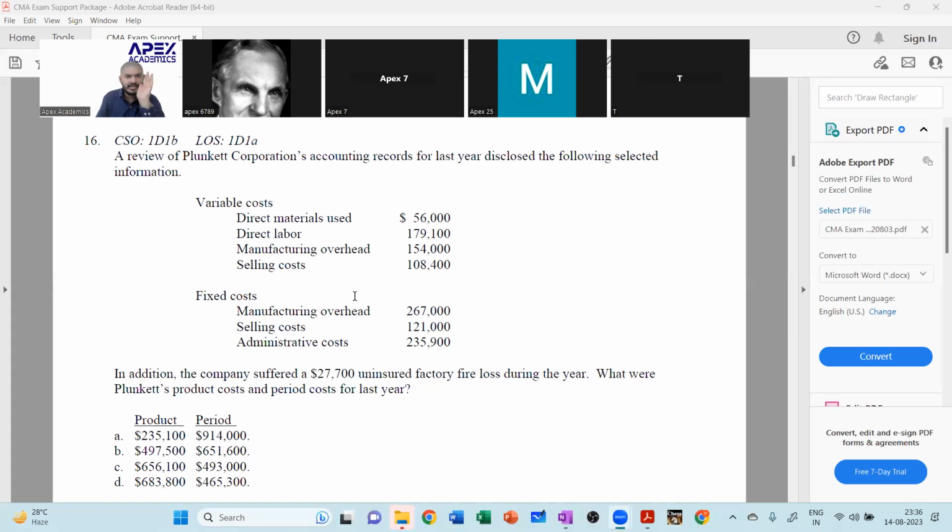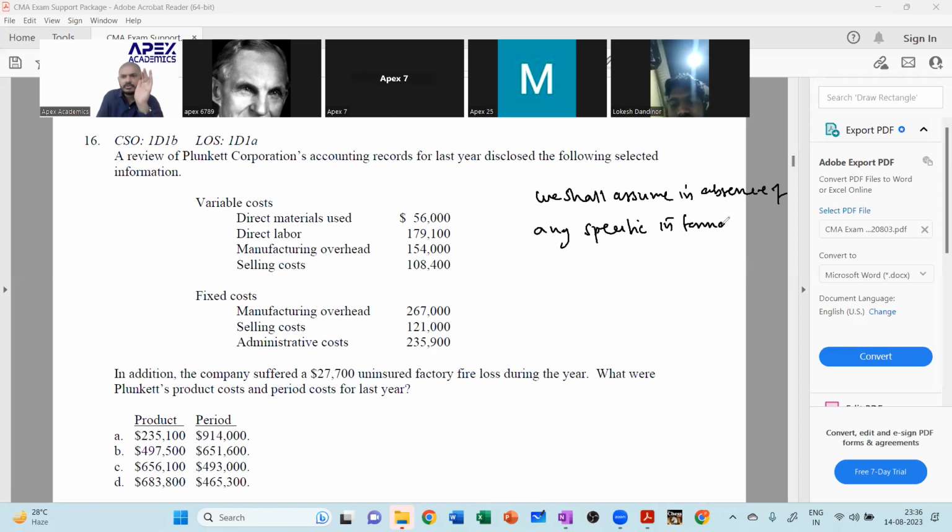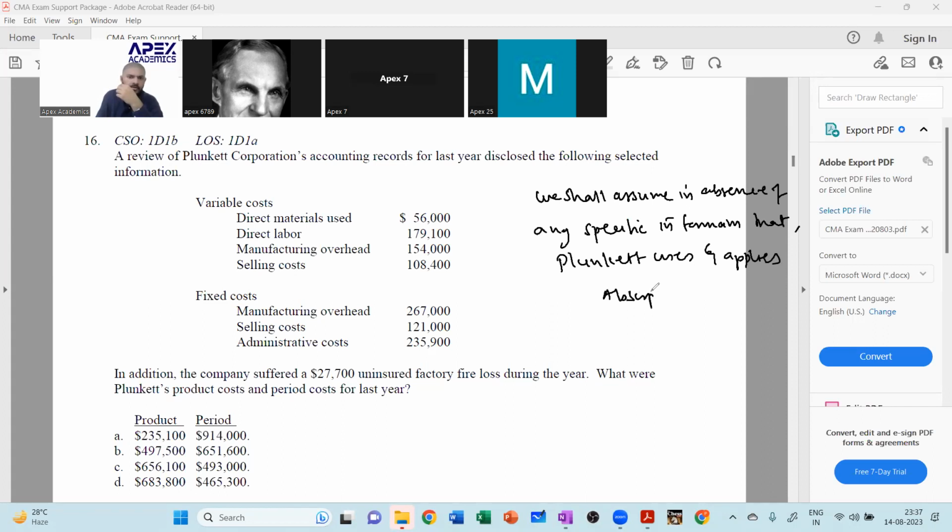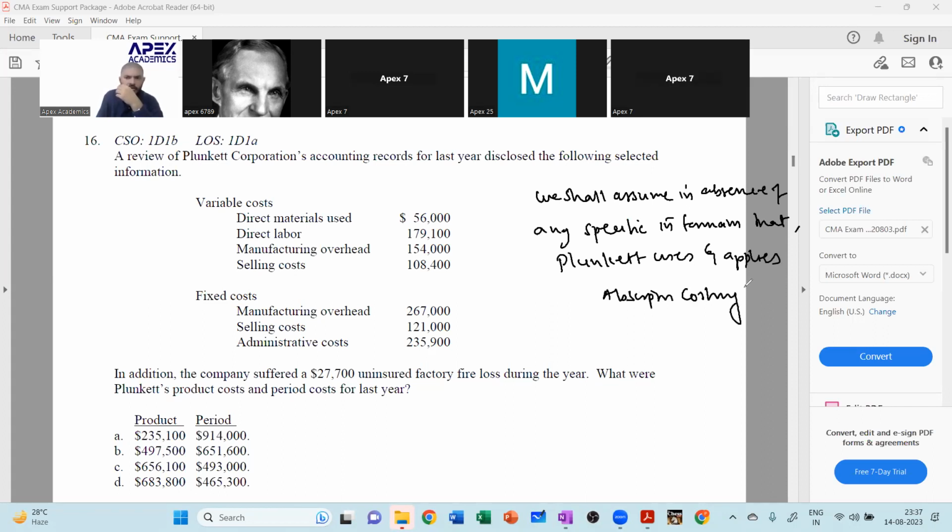Since nothing has been specified, in the absence of any specific information we shall assume that Plunkett uses and applies absorption costing.